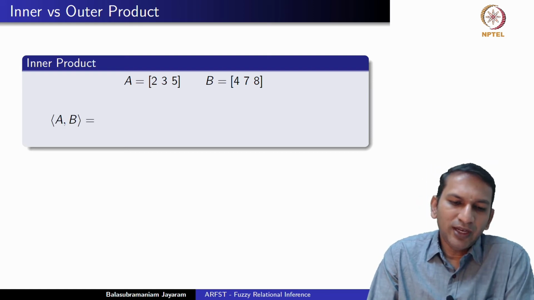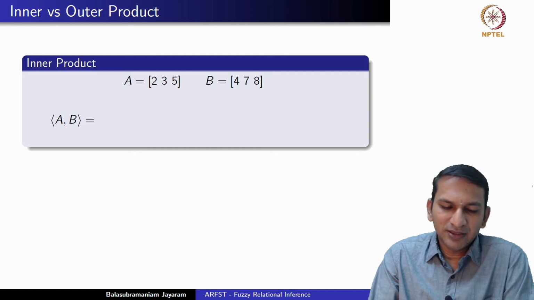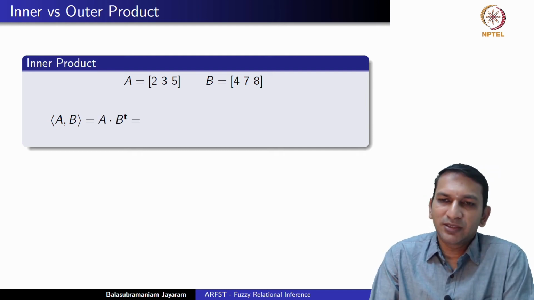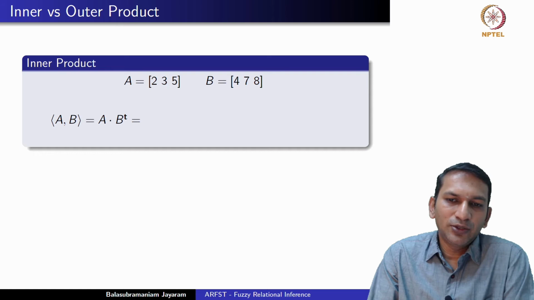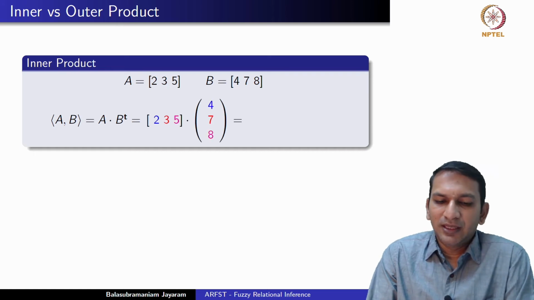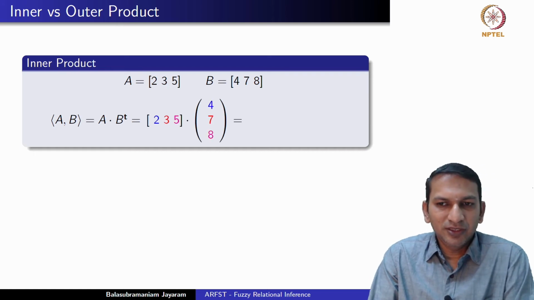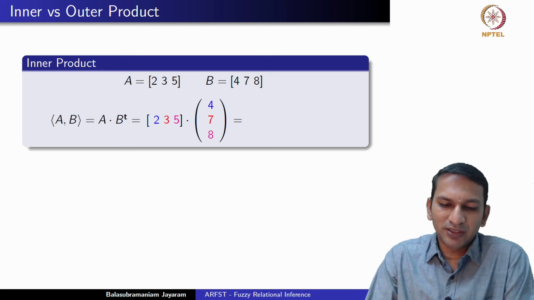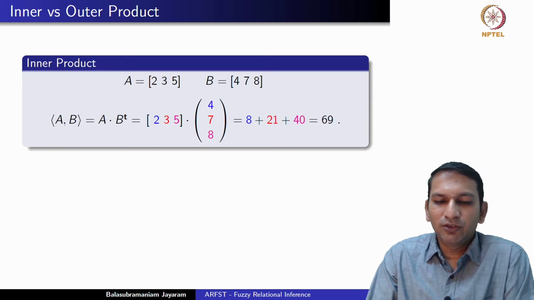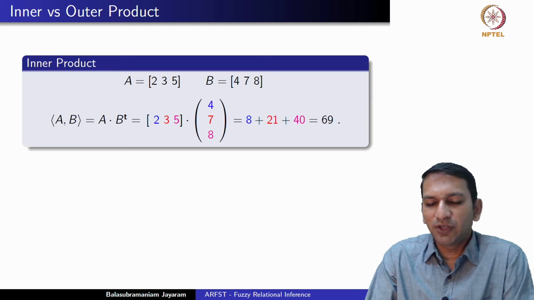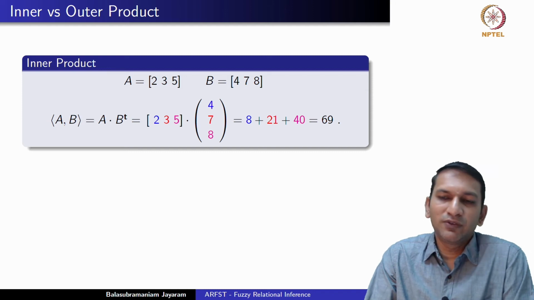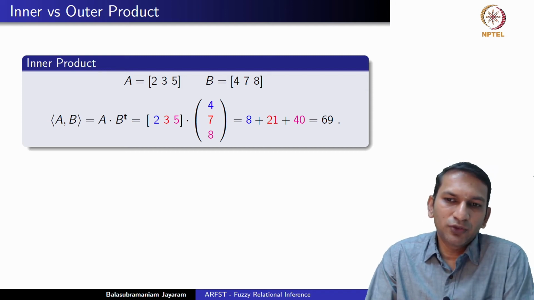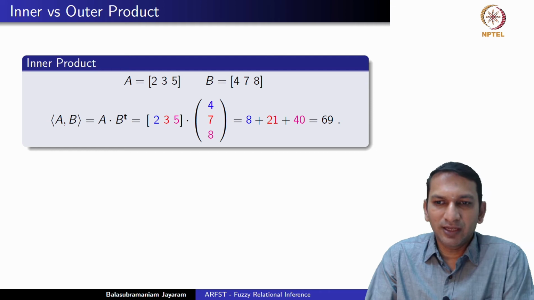To talk about the inner product of A and B means you are doing A into the transpose of B. It's essentially like matrix multiplication, row into column, so all we are doing here is a sum of products. So if you do the inner product of A and B, you get 2 into 4 plus 3 into 7 plus 5 into 8, which gives you the value 16. So the inner product of two vectors gives you a scalar.